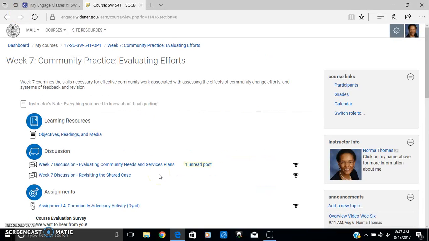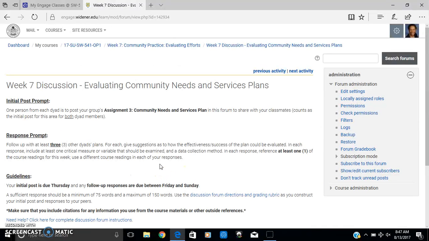So for this week, you have 2 discussion posts that are required. Somebody's already submitted one. The first discussion is around evaluating community needs and services. For this, you are to post Assignment 3, Community Needs and Services Plan, for at least one person in your dyad group.